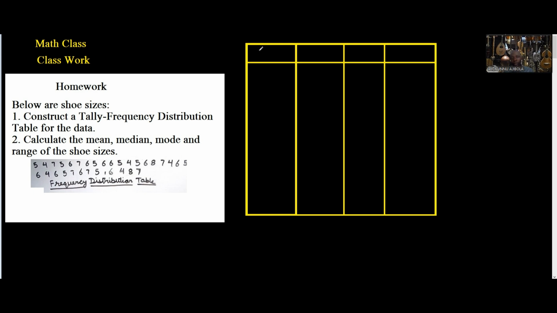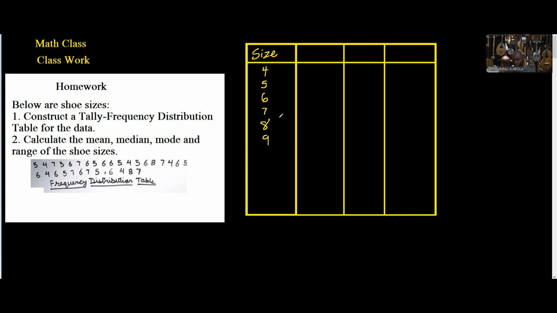The first thing you need here, these are shoe sizes. Just write shoe sizes here. Then you can represent all of the sizes. We don't have any double digit there, so it's only unit digits. There is no size 1, 2, or 3, it starts from size 4, so we can have size 4, 5, 6, 7, 8, and 9.